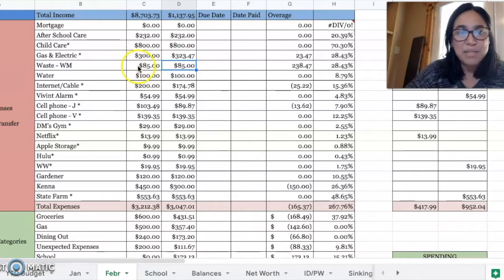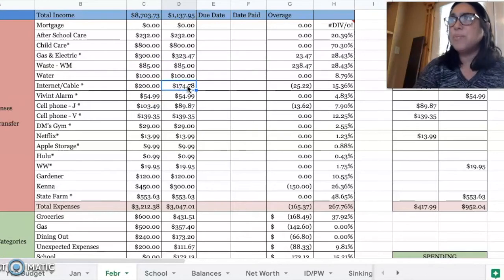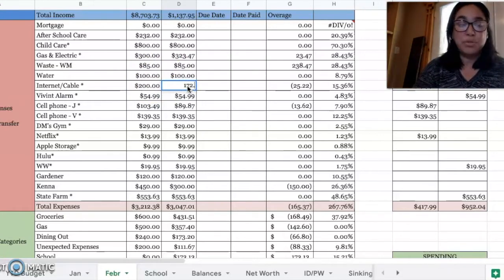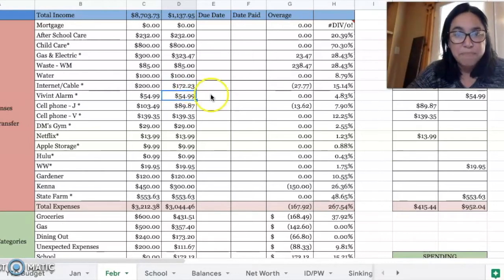Waste management is not coming out this month, but we do put just a little aside every month towards that, as well as water. Internet, this actually went down a little bit. It went down to $172.23. And you can see here it went down $27. Vivint is $54.99. Cell phone, these should stay the same.